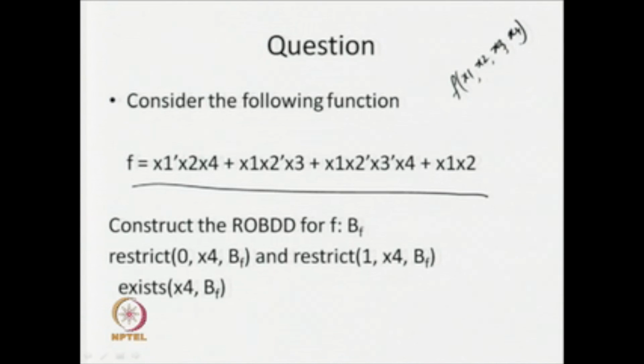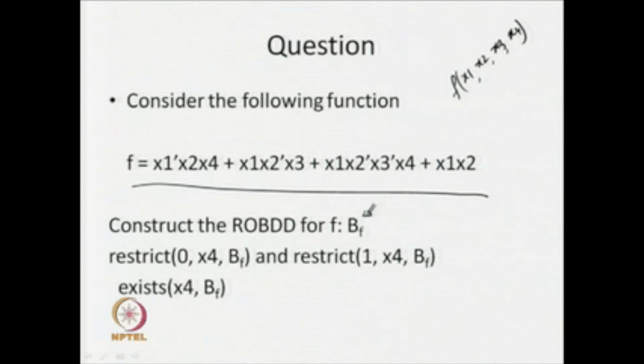First, construct the ROBDD B f, the reduced ordered binary decision diagram. Then look for the structure of restrict 0 x 4 B f, that means we are restricting x 4 to be 0, or restrict 1 x 4 B f, where x 4 is equal to 1.